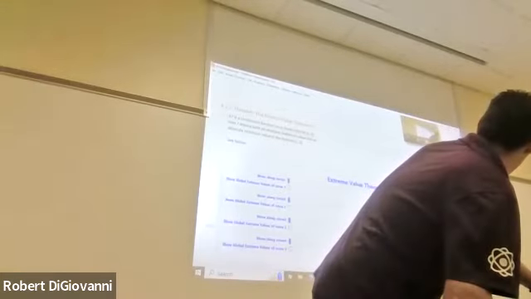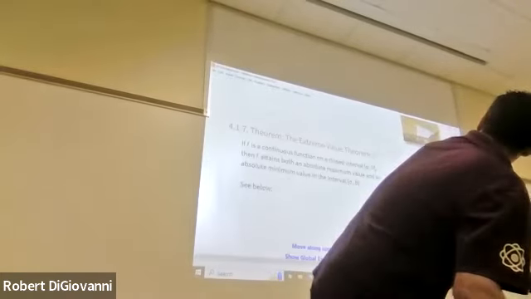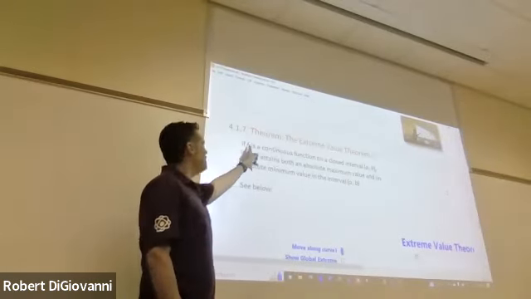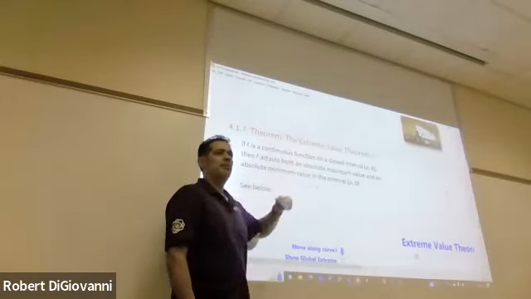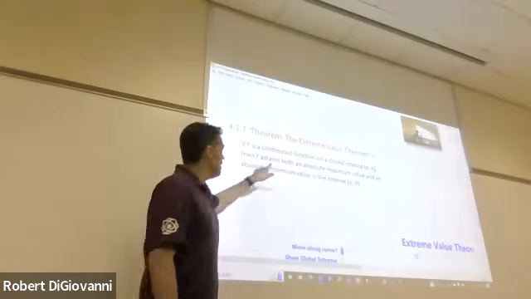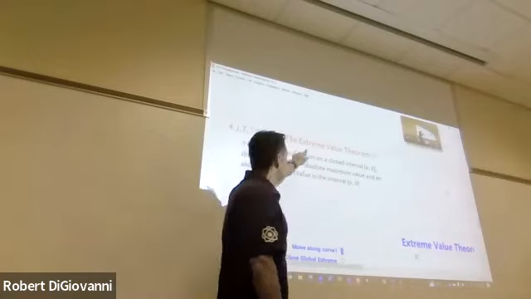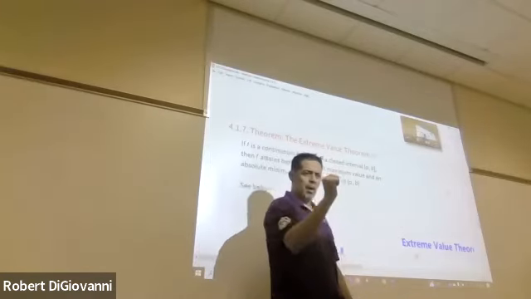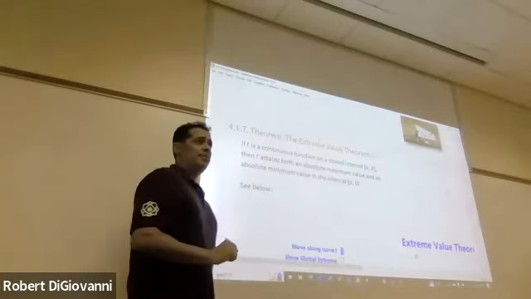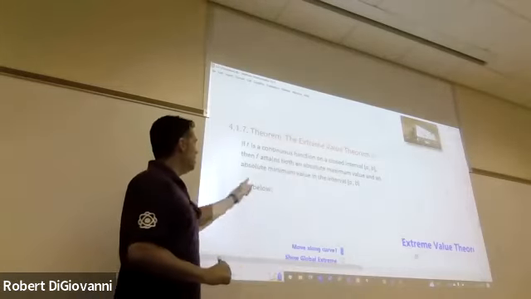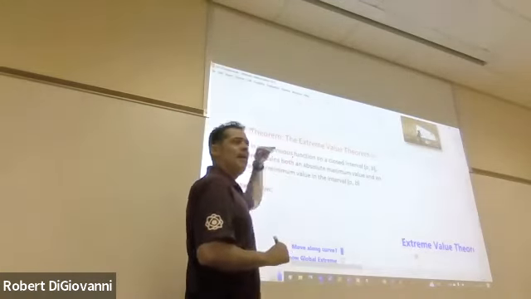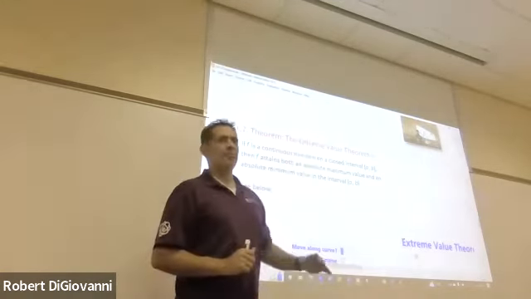The extreme value theorem says: if f is a continuous function, and continuous functions are functions you can draw without picking up your pencil, if your function is continuous on a closed interval, which means it starts at a point and ends at a point, then f has to attain both an absolute maximum and an absolute minimum.